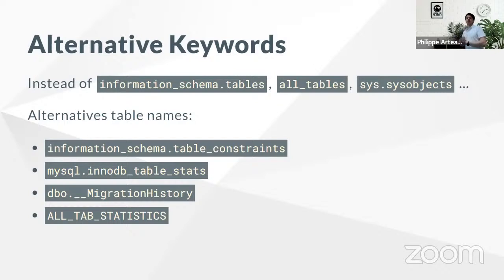So it's no longer relevant since a year and a half, but it was the table used by Entity Framework for .NET. I think it's Entity Framework, something like that.